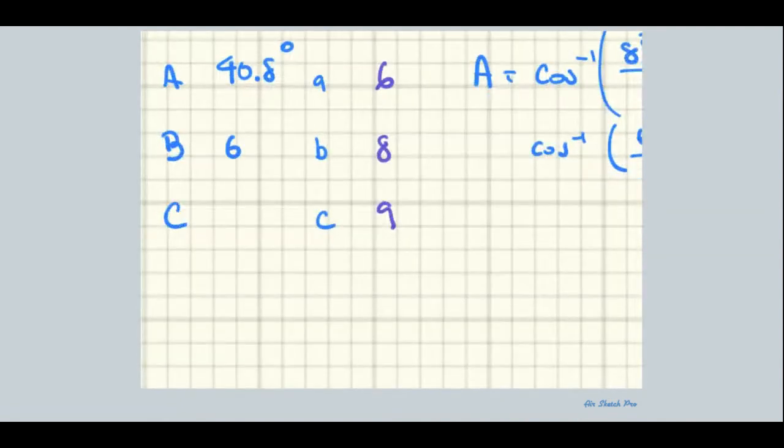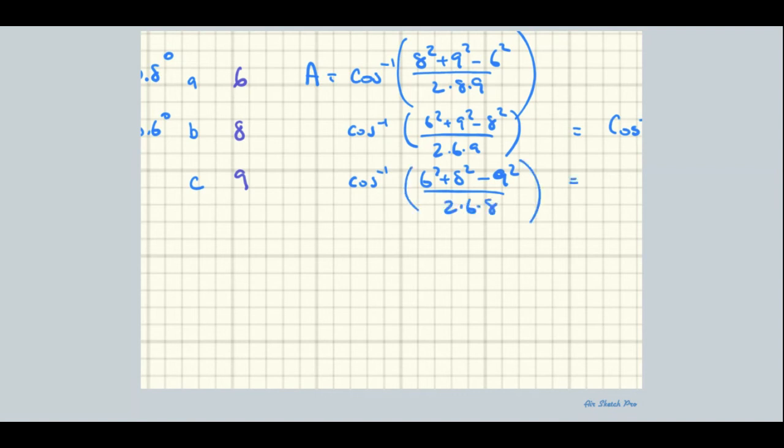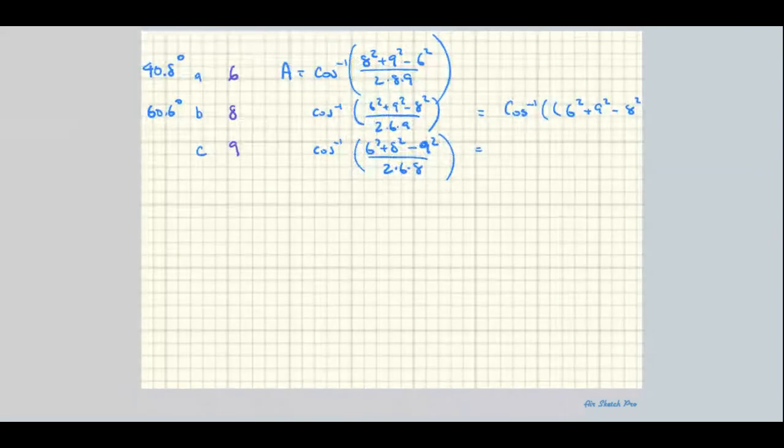And now we're going to do this last one two ways. First of all, we're going to plug in the arc cosine of the other two, 6 squared and 8 squared, minus this one squared over twice the other two. Okay? And see what that works out to in your calculators.